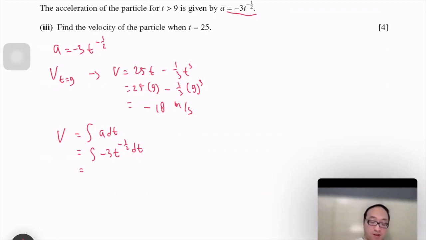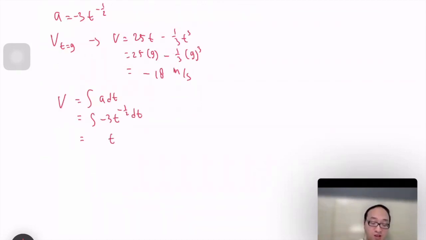So this becomes negative 6 t to the power of half plus c. Then we put in when t equals 9, v equals negative 18. So negative 6 times 9 to the power of half plus c, negative 18 equals negative 18 plus c. So c equals 0.